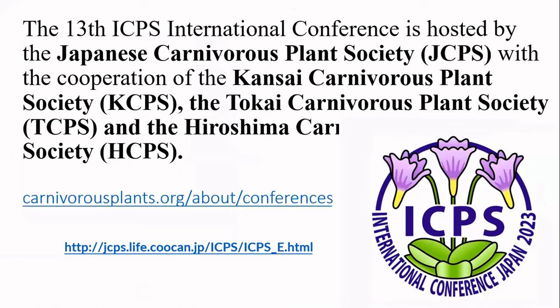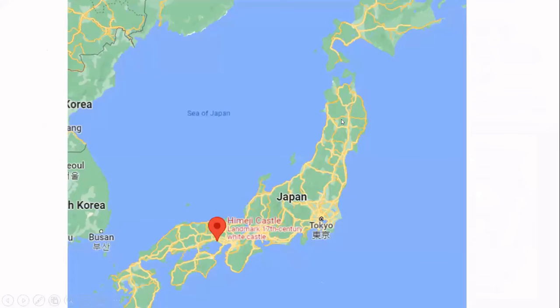So we appreciate all of these organizations for collaborating with ICPS. To learn more, you can go to carnivorousplants.org/about/conferences, or you can go to this link, which is what the Japanese Carnivorous Plant Society has created. But if it's too much, you can go to our website, and we have the link there.